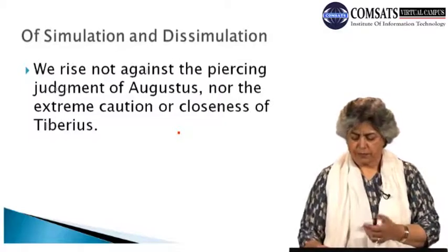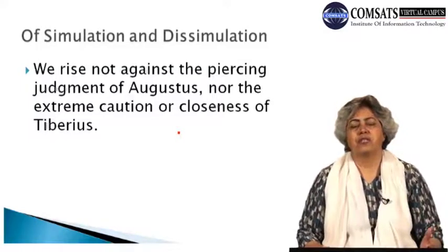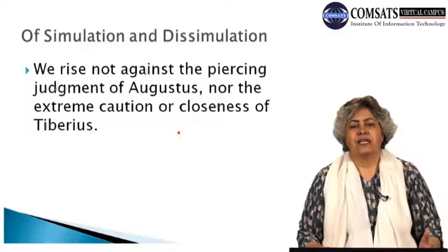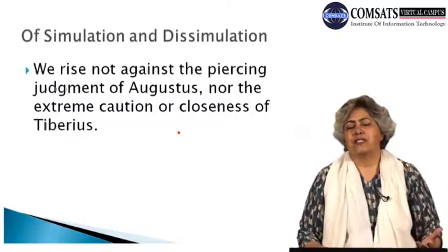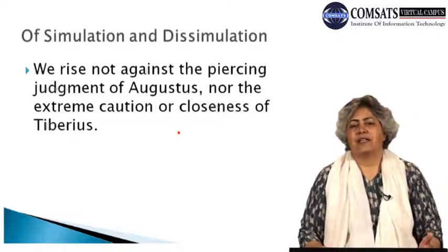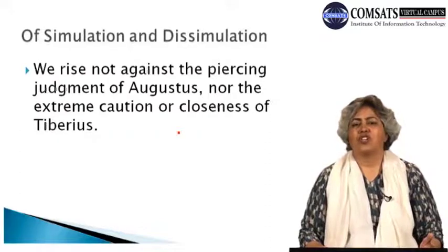All right? And of course, Vespasian was successful in defeating Vitellius, and he continued to rule Rome. So in that sense, you would say that the advice given by Mucianus was not very wrong.